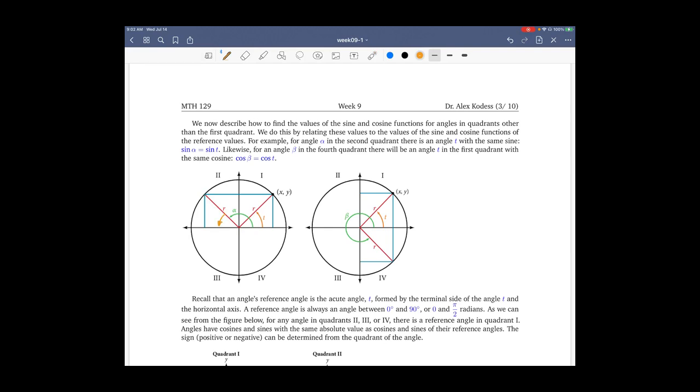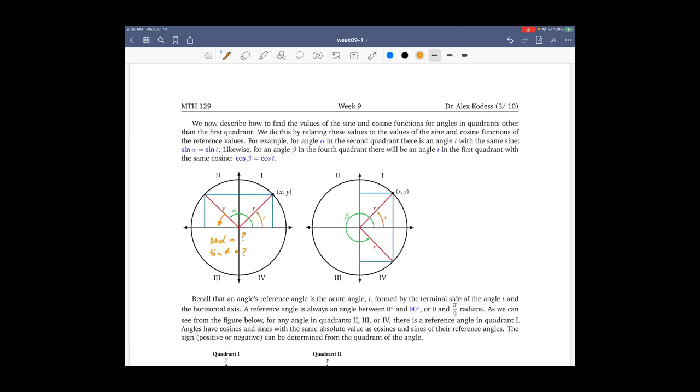And to find cosine alpha and sine alpha, the x-coordinate and the y-coordinate of this point, we relate the x and y coordinate of this point with the x and y coordinate of this point. Exactly how?